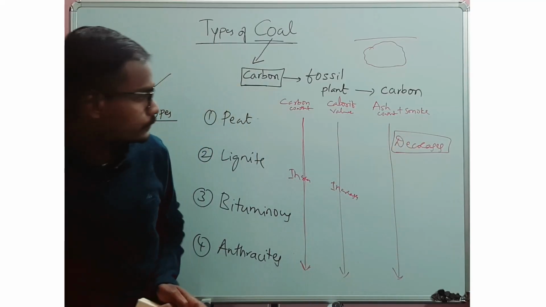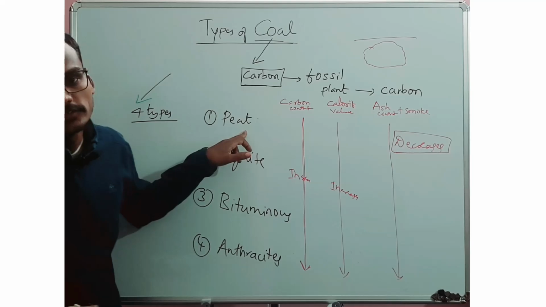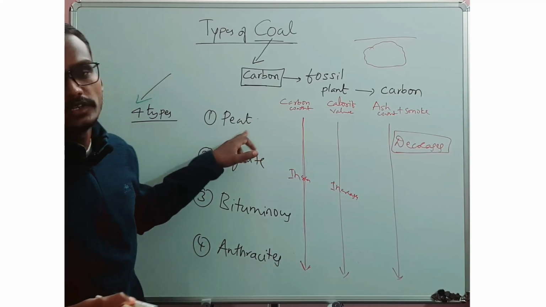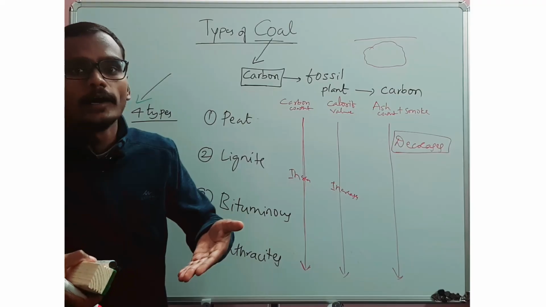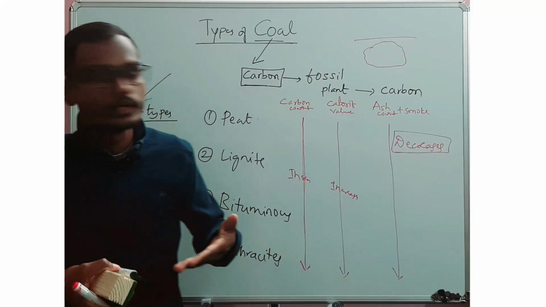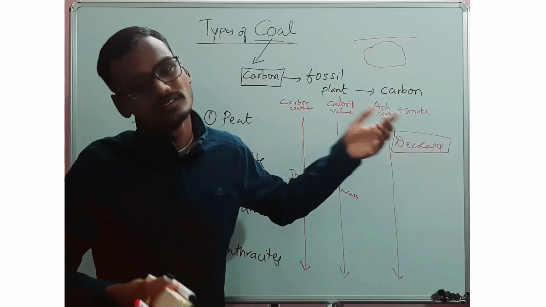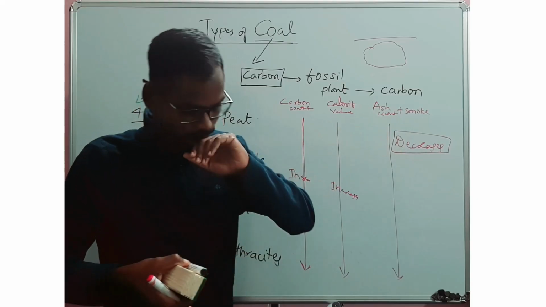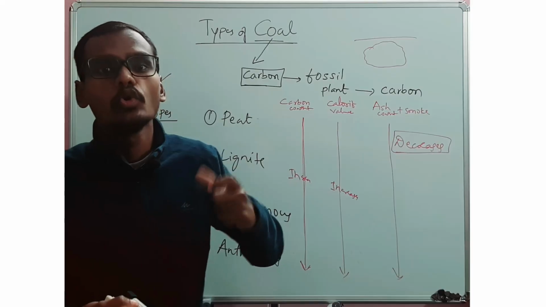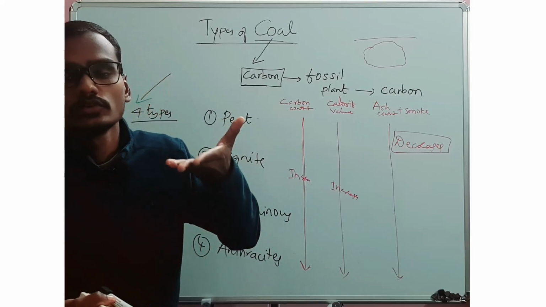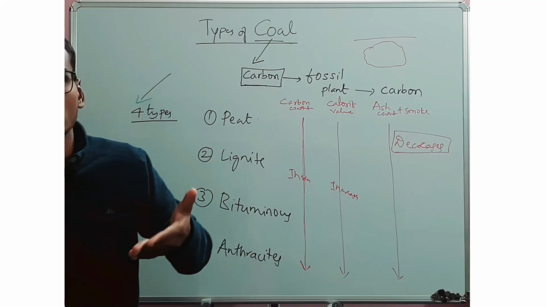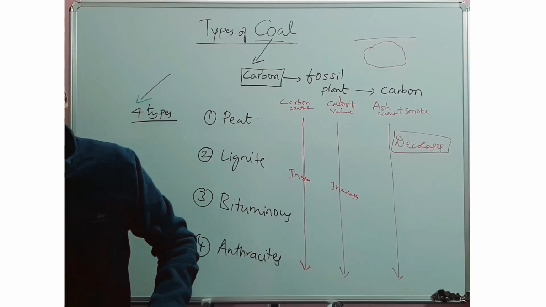Why? Because we already know peat has a lot of moisture. If we burn peat, a lot of smoke comes, and after burning we also get a lot of ash, because of less carbon content and more moisture content.